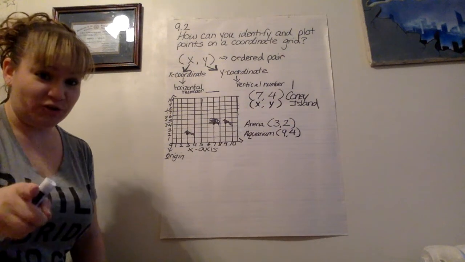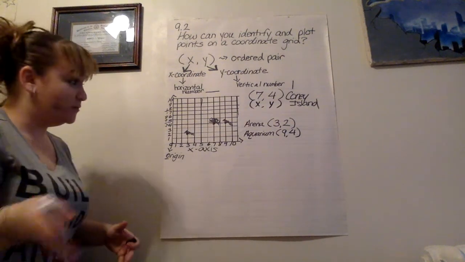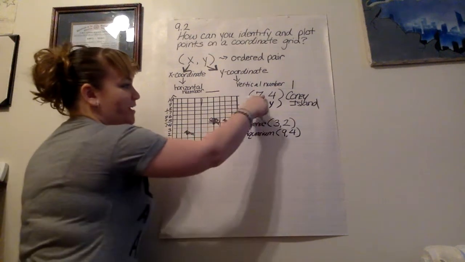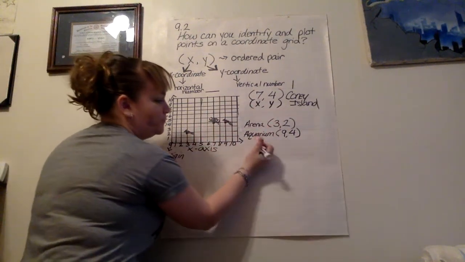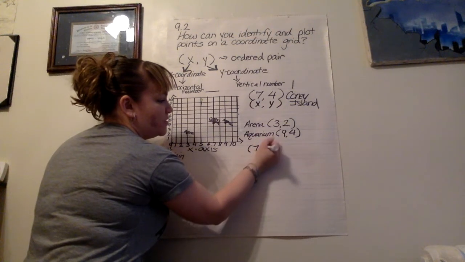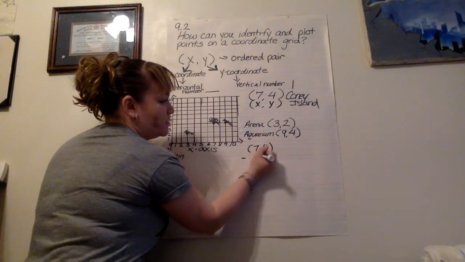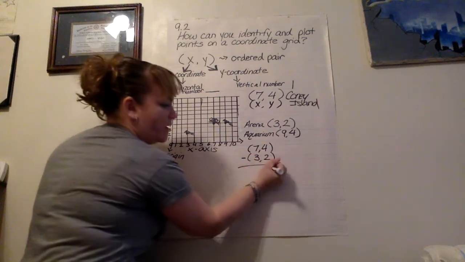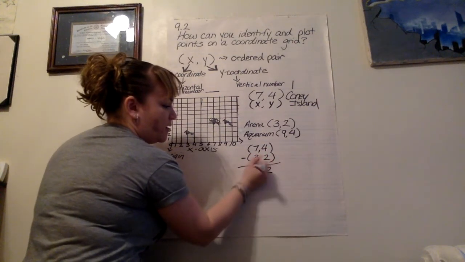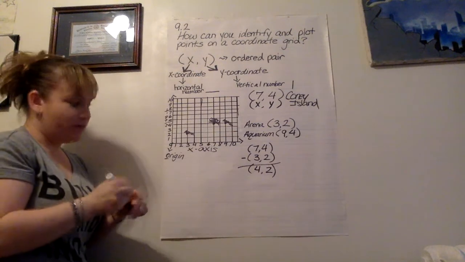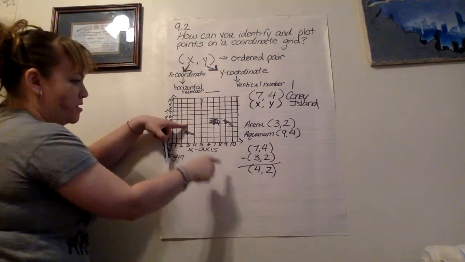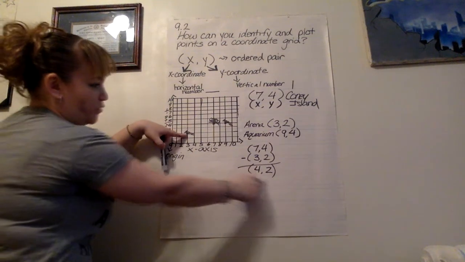Right? Let me show you a trick. You could do it that way. You could literally count, pretend you're walking around. But you could also take these and literally subtract them to find the distance. I know it's a weird way, but didn't I tell you that? Let me show you again. 1, 2, 3, 4. 1, 2.